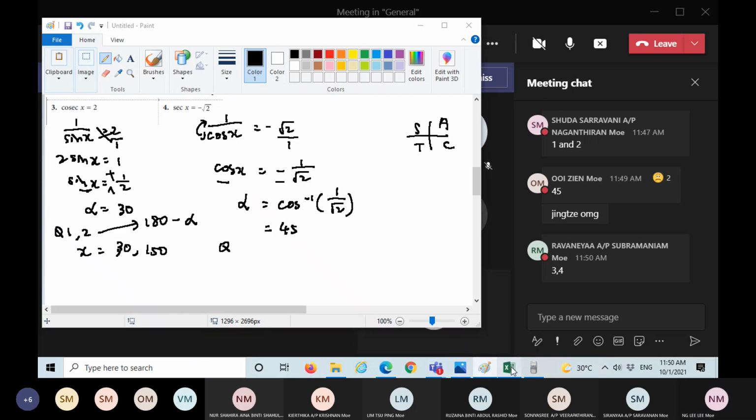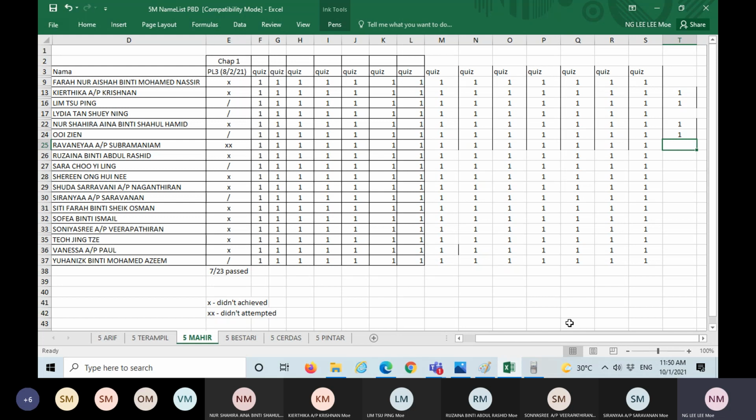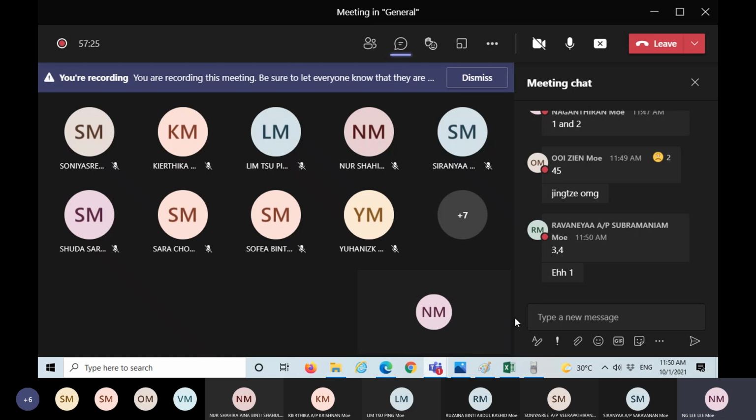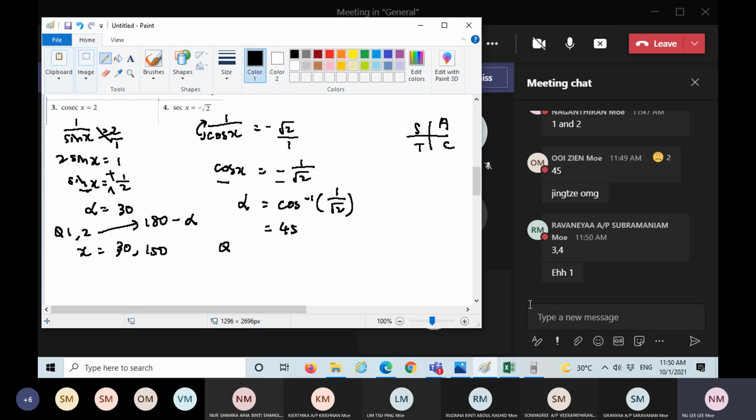Okay. Next girl. Rosaina. Okay, Ravania, after you try again. 1 cannot be negative. 1 is always positive. Quadrant 1 is always positive. Okay, never mind. You wait for a while. You try another time. Rosaina, can you please tell me cos negative is in which quadrant?